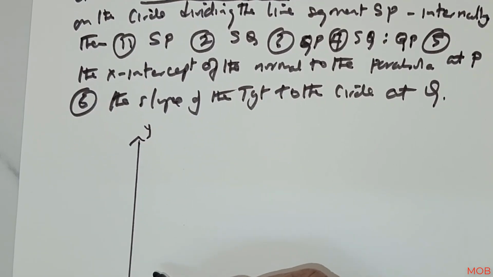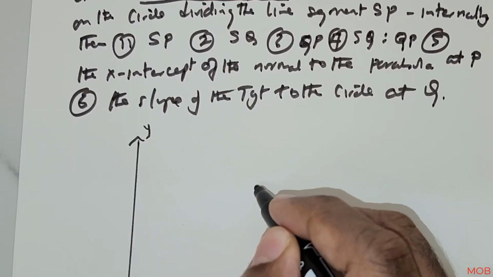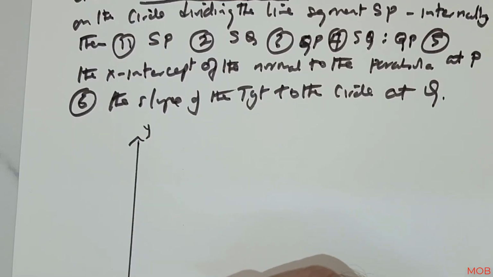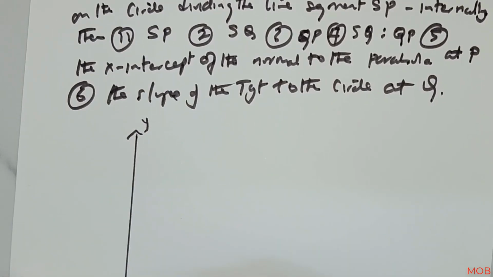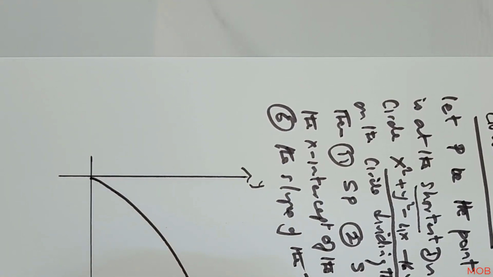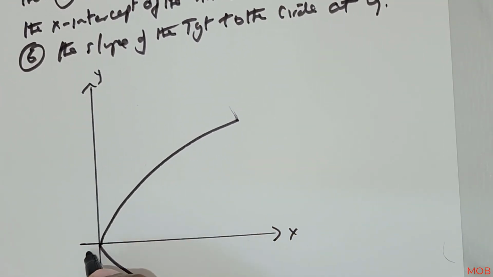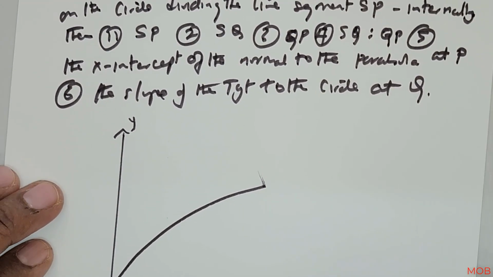Now we have a circle somewhere over here and a parabola over here. So let me draw the parabola. So this is 0.